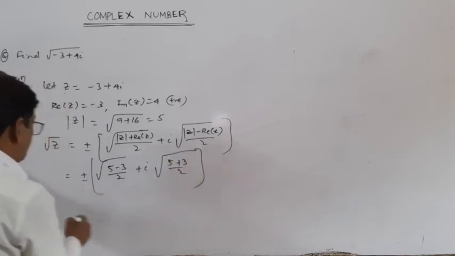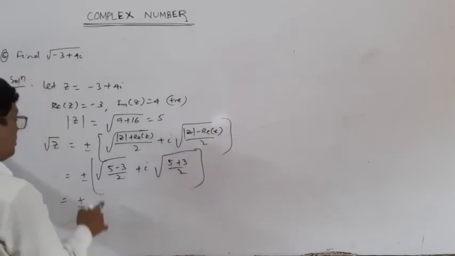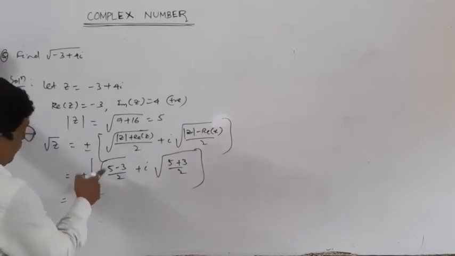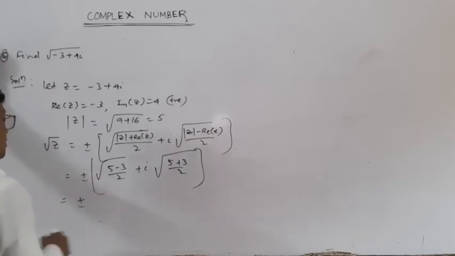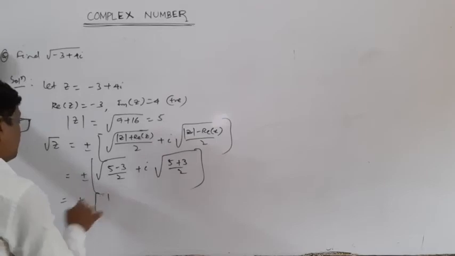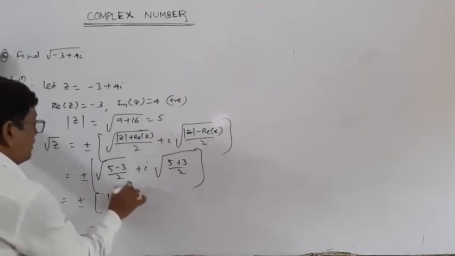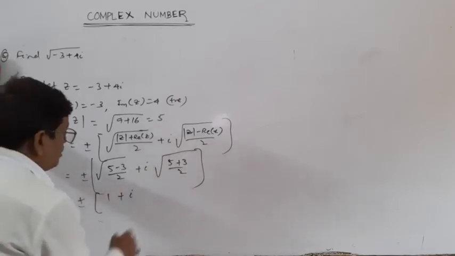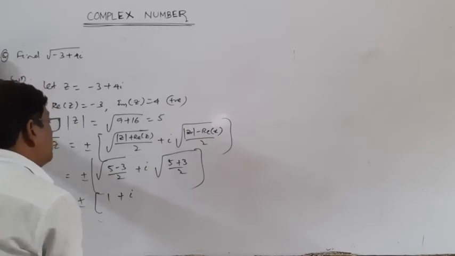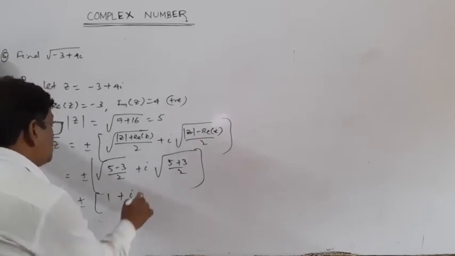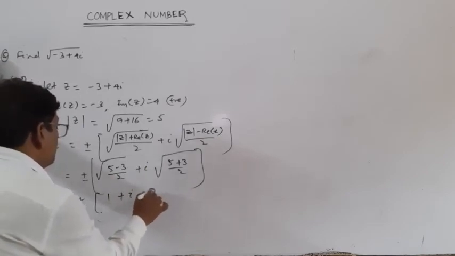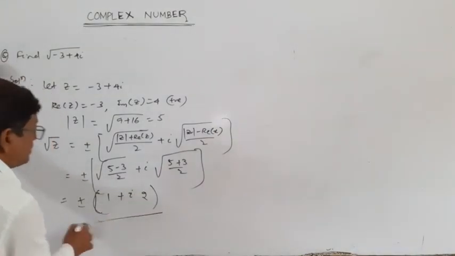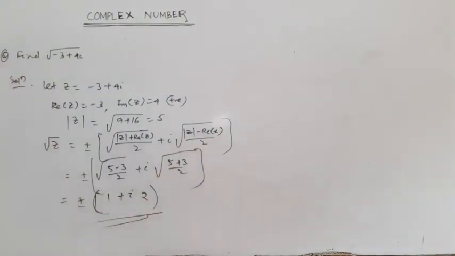So 5 minus 3, 2 by 2, that is 1, and plus i into 8 by 2, that is 4, square root of 4, that is 2. This is the answer. Now there are many questions, you have to try to solve the square root of the complex number.